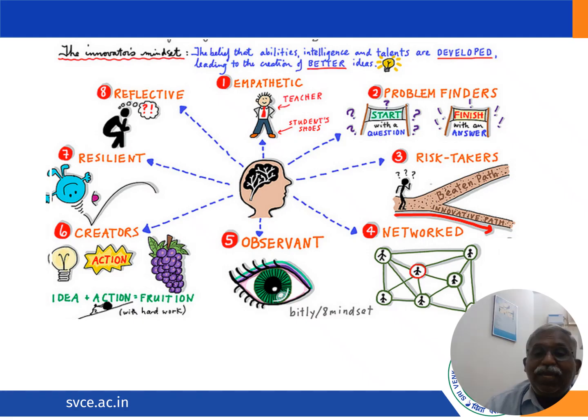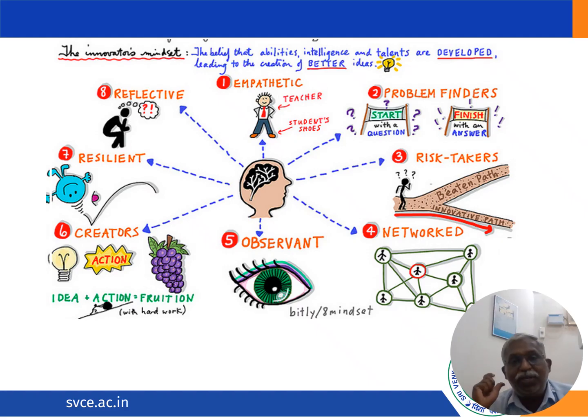So networking is an important one. Risk taking we want to analyze. So development is based on our observation, on how we are observing. The empathy technique involves many ways, and one important way here is observation.